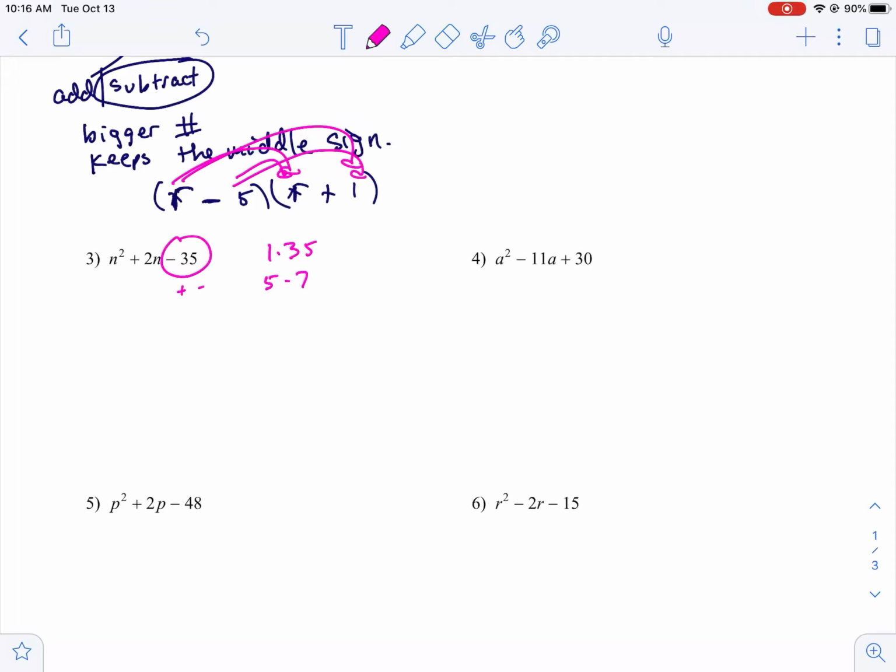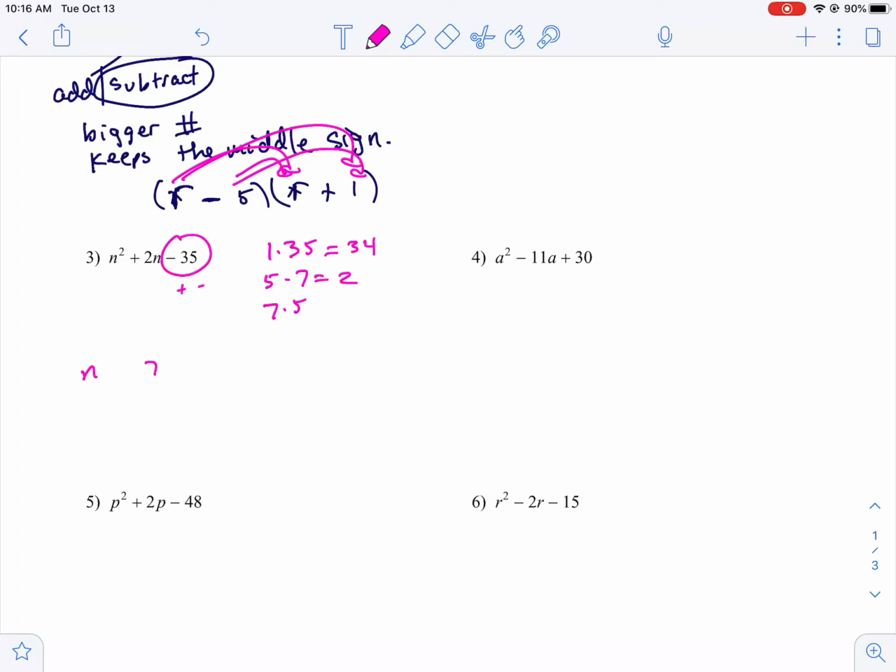So as soon as you see, you know, I have 5 times 7 and now I have 7 times 5, I'm done. Okay, because the only other thing that's going to work is 35 times 1, so it starts to repeat. Okay? All right, so now, which one of these 2 numbers subtracts to get 2? So 35 minus 1 is 34. That doesn't work. 7 minus 5 is 2. All right, so perfect. Okay?